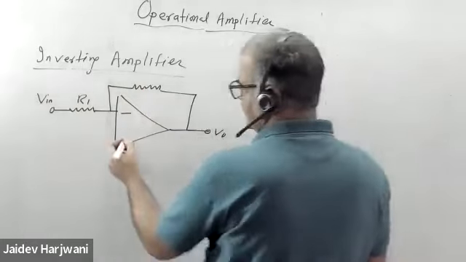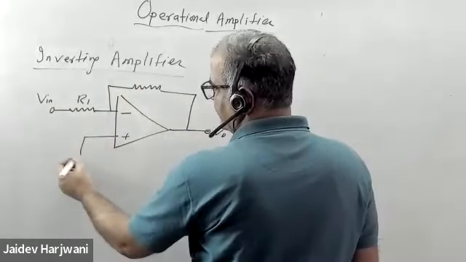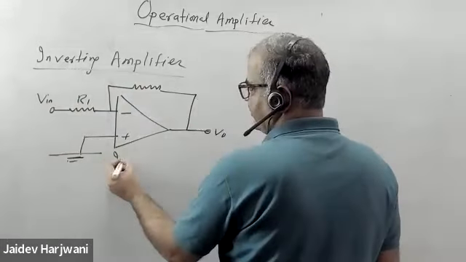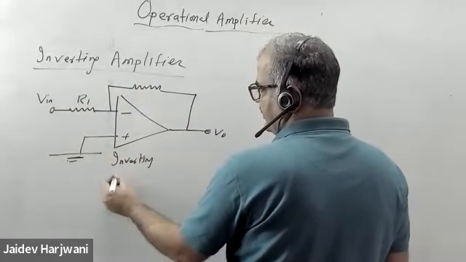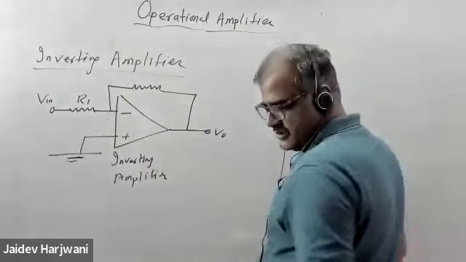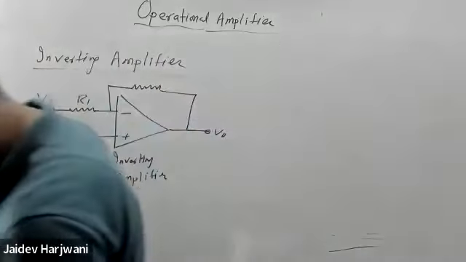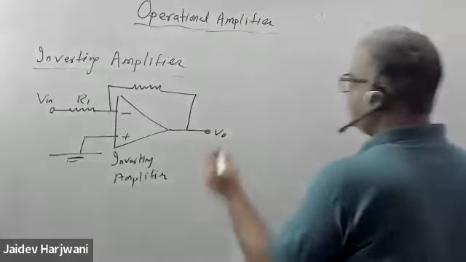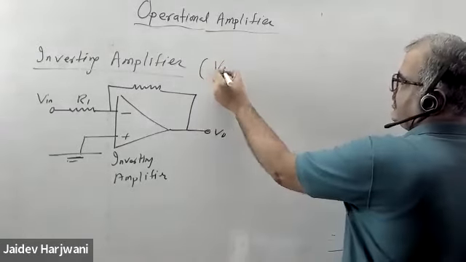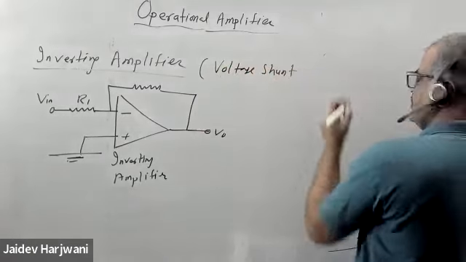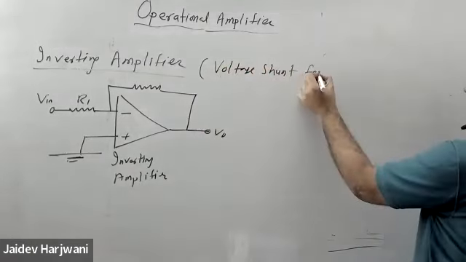The plus terminal this time is grounded. So this is your inverting amplifier, which is the common name. It has one more name, called voltage shunt feedback amplifier.